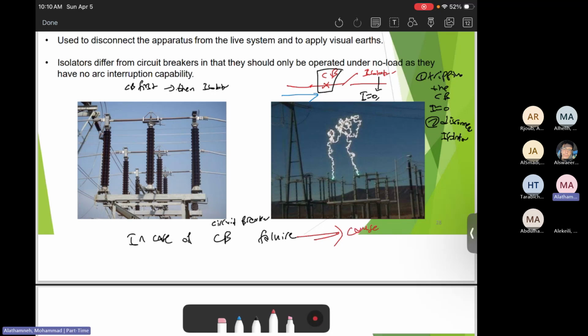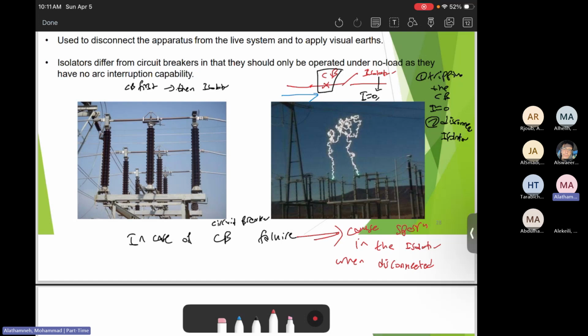This will cause a flash, or we call it a spark, on the isolators when disconnected. What do I mean by this? If the circuit breaker is not turned off, which we call circuit breaker failure, then what will happen?